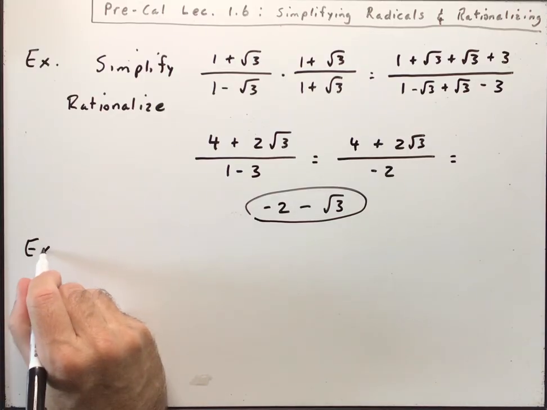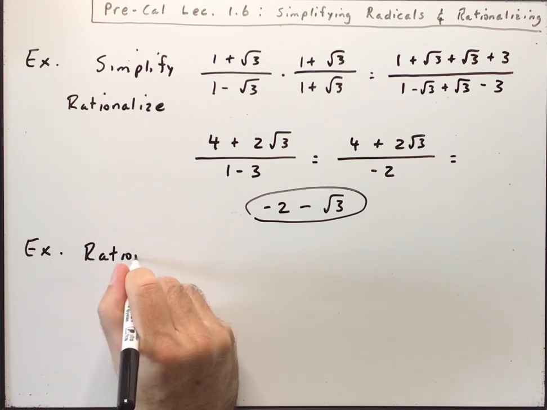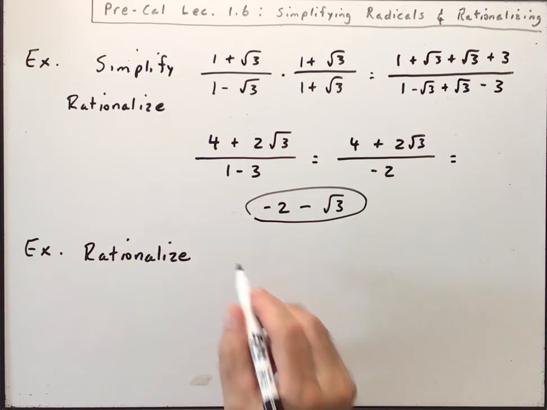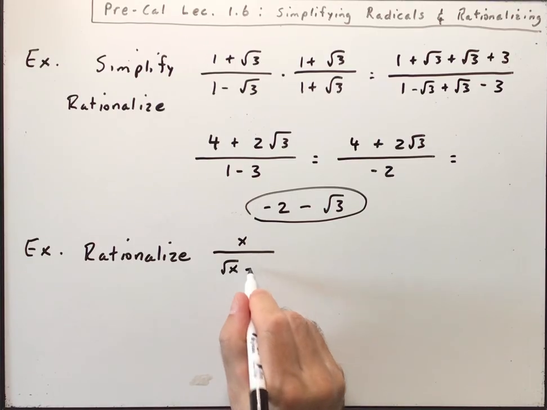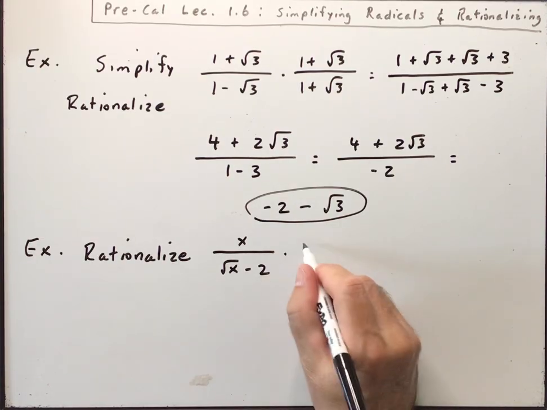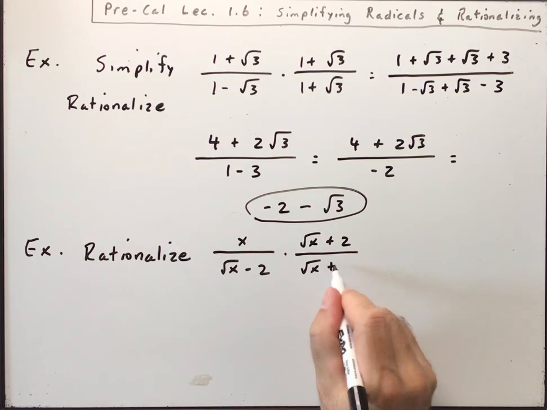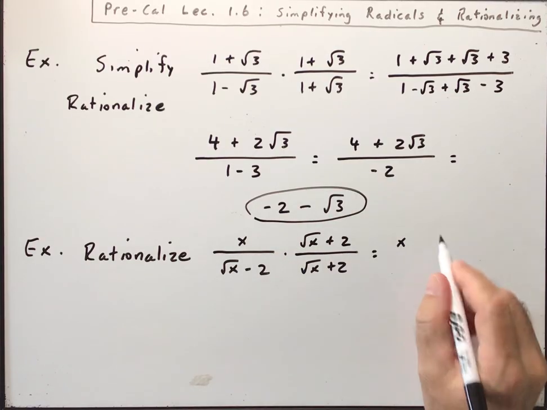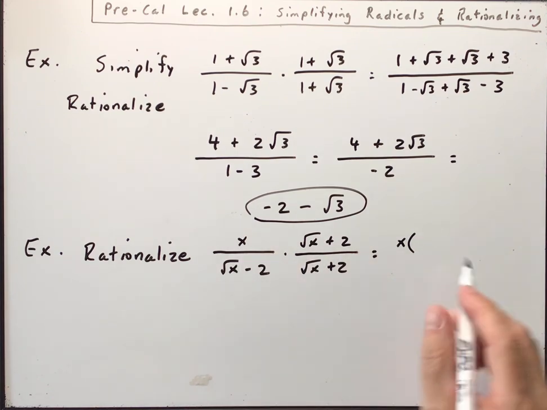And final example, we want to rationalize x over root x minus 2. So what's the conjugate? It's root x plus 2. So we're going to multiply those out. So we'd have x, and I would say in the beginning, don't distribute that x yet.